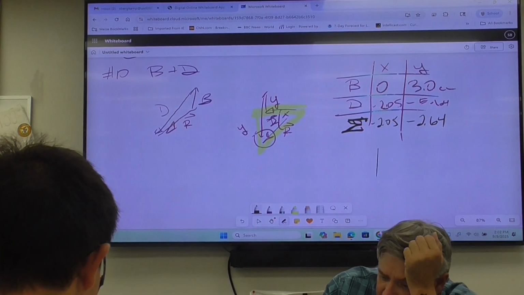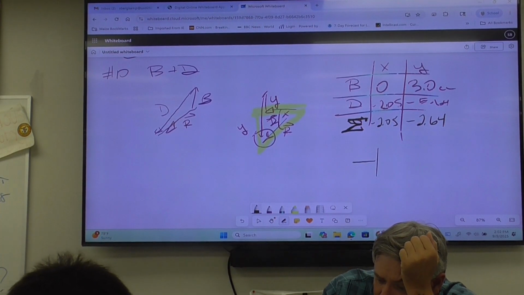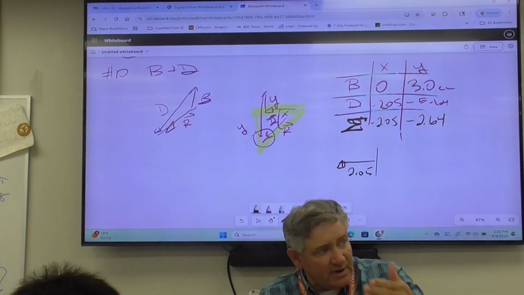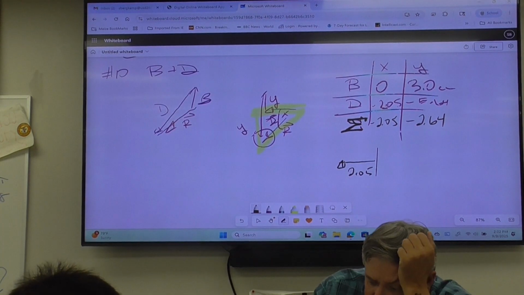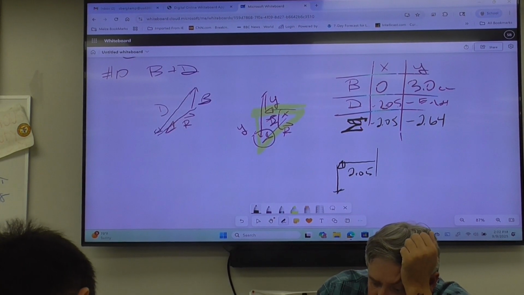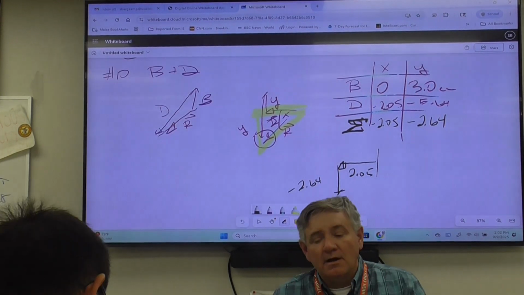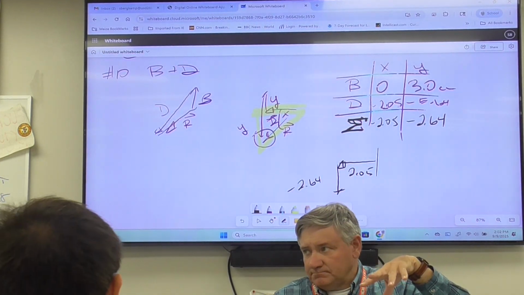So, here's my origin. My x component is going to be over negative 2.05, and you always deal with your x component first, and then you have your y component of negative 2.64. Okay?